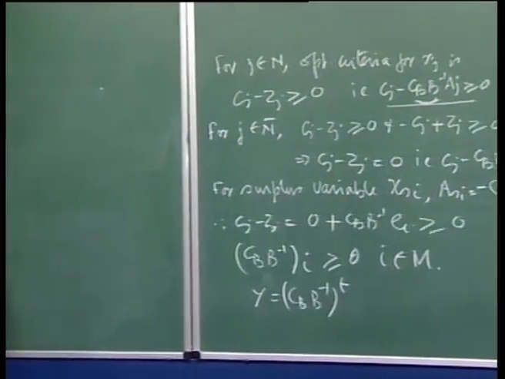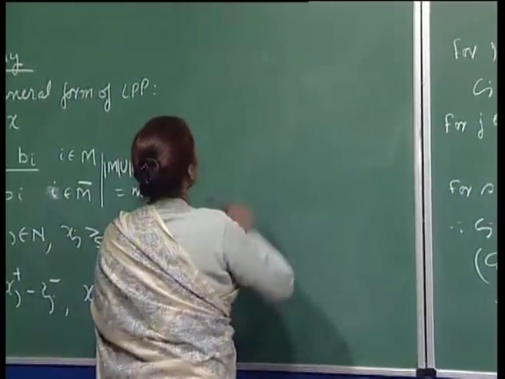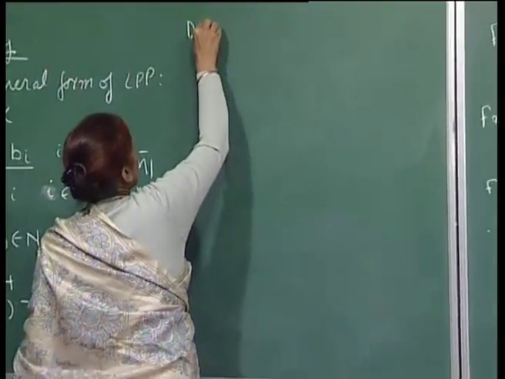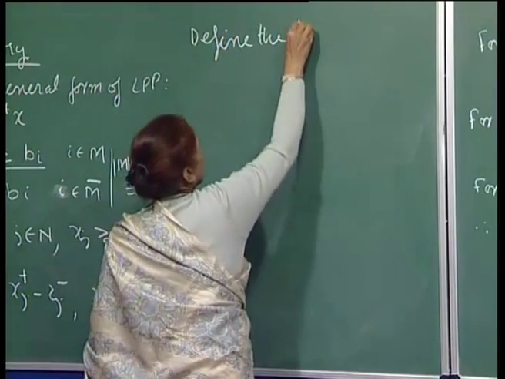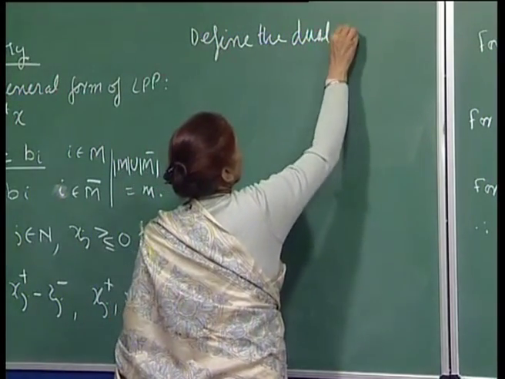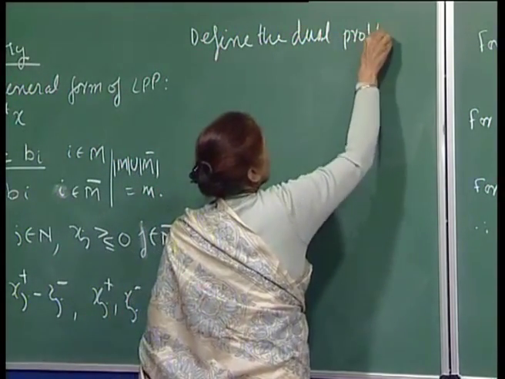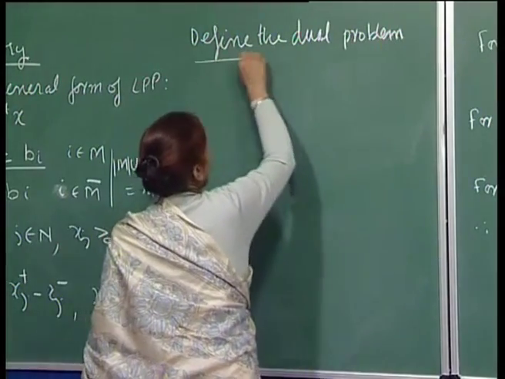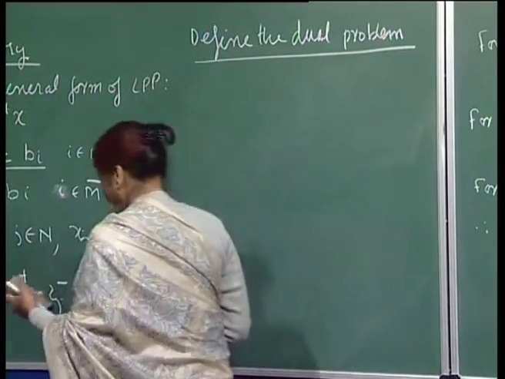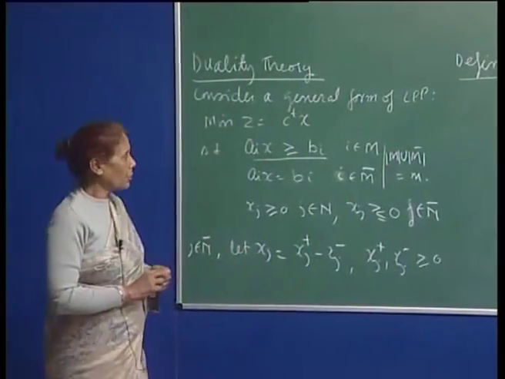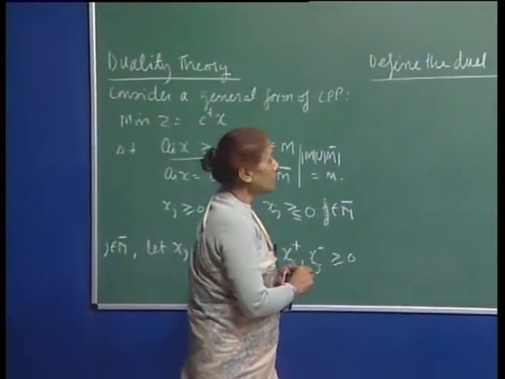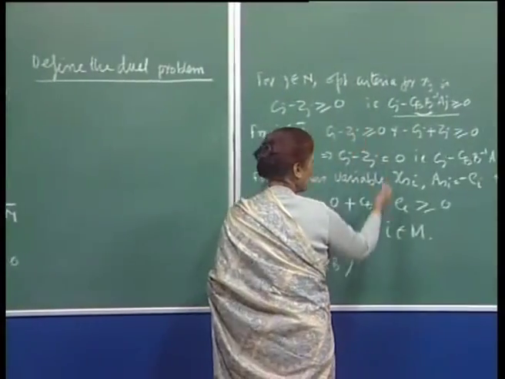If I do this, I define the dual problem. Remember, in the primal problem we try to find a basis B which will give me an optimal solution, that means for which the optimality conditions will be satisfied.